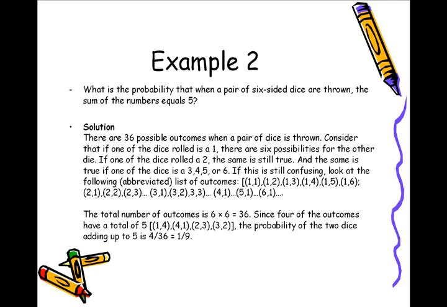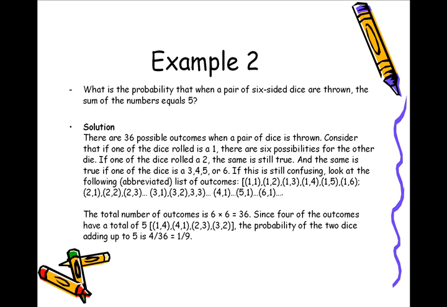And now let's look at those outcomes which sum up to 5. Here, as you can see, I have listed all the outcomes: 1 and 4, 4 and 1, 2 and 3, 3 and 2, which will each sum up to 5. So I can see that there are a total of 4 outcomes which add up to 5.